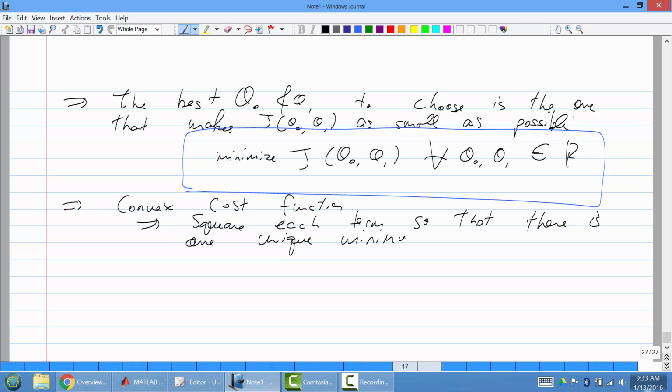Once you minimize this objective function, you will get a unique minimum every time. So there are no ambiguous parameters that minimize the cost function, which makes sense because there's only one best line of fit that minimizes everything. There are not two lines, which wouldn't make any sense. So you square the terms because it's a convex cost function, which means that it's differentiable and you're able to minimize it. So there's one unique minimum. Okay, so it's also differentiable as well.